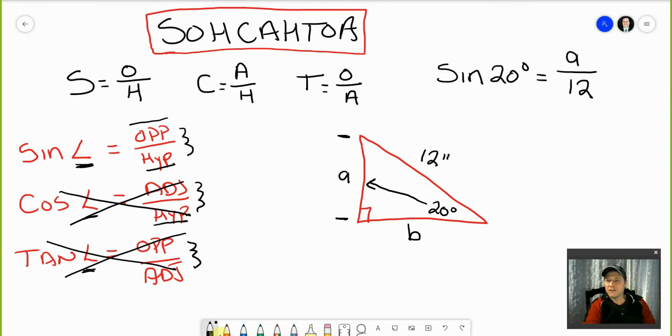Until we know the values, this letter has a value, we just don't know it yet. So we use it as a placeholder. What we have to do at this point is solve for the unknown. We'll get into the solving part in just a second.